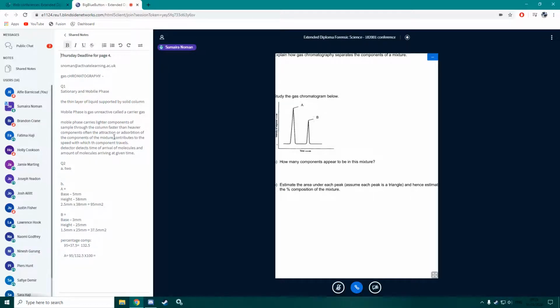And that should give us our percentage composition. 95 divided by 132.5 equals 71.7%.